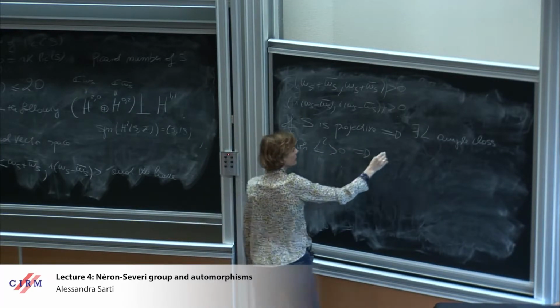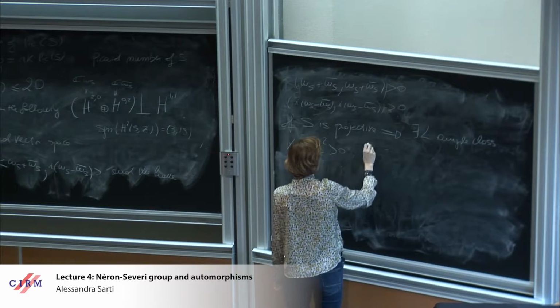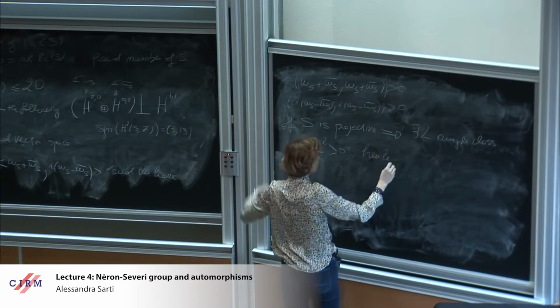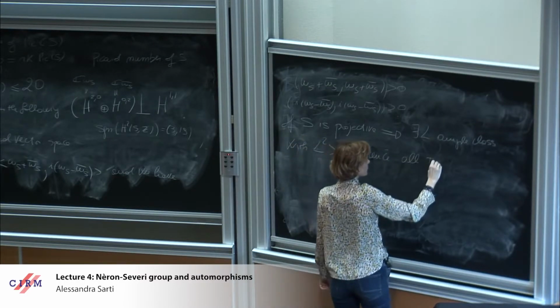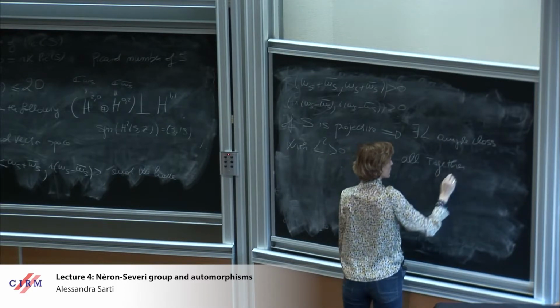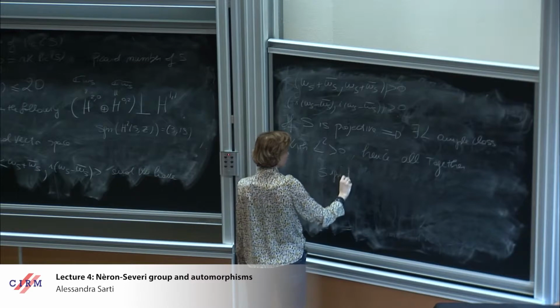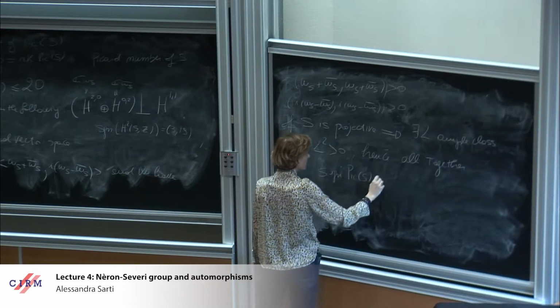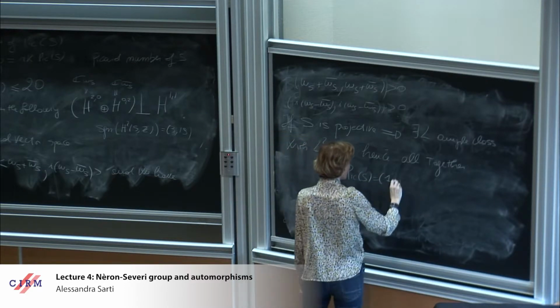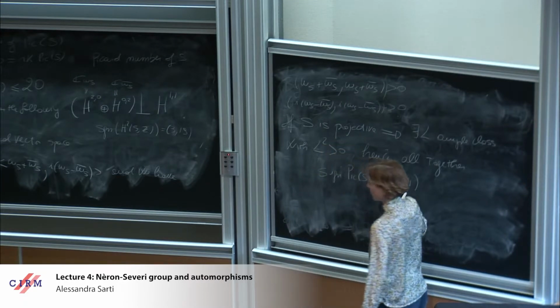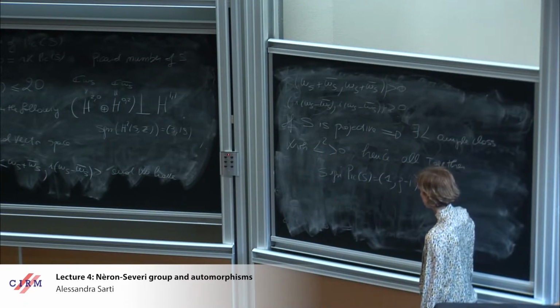So this means that, all together, the signature of the Picard lattice is equal to (1, rho minus 1). Rho is the rank of the Picard lattice.